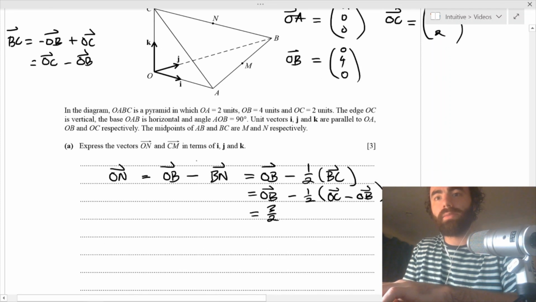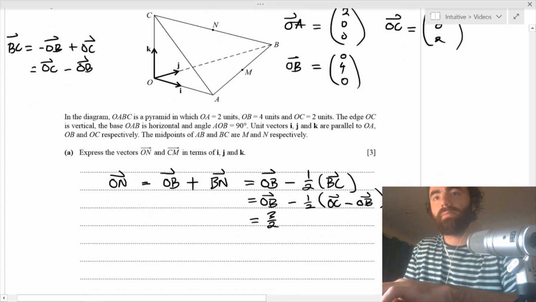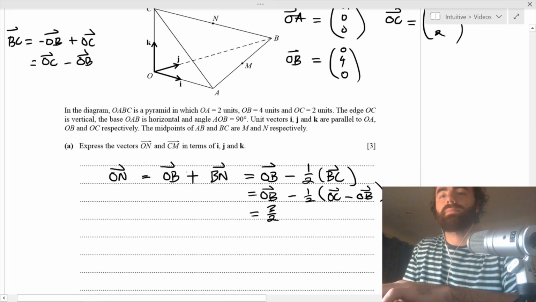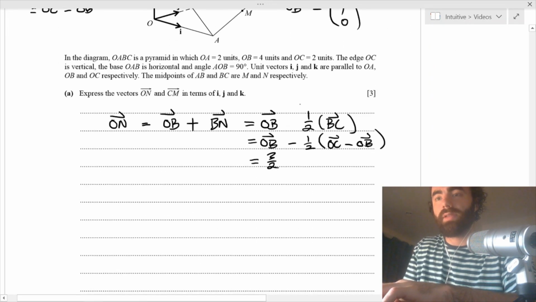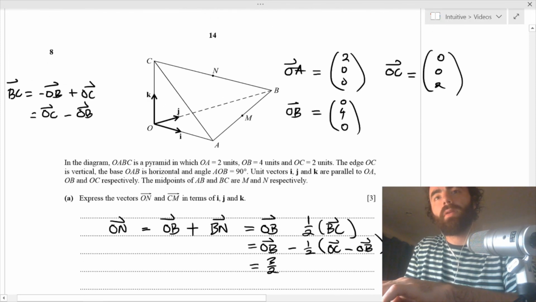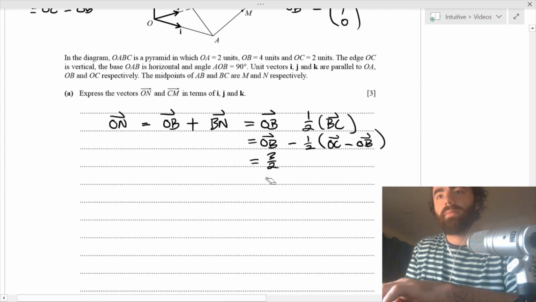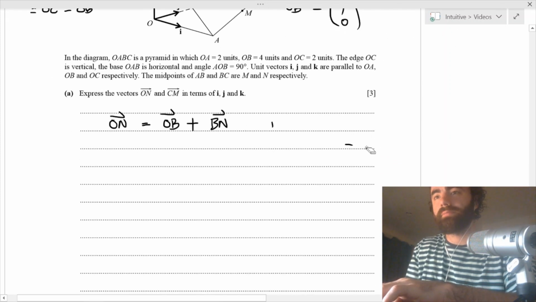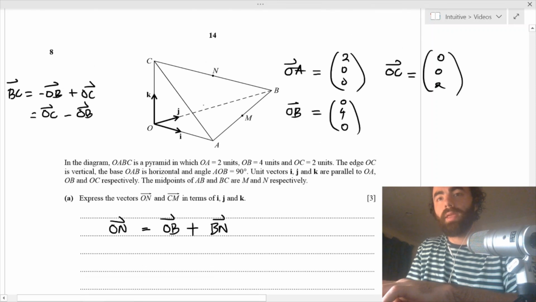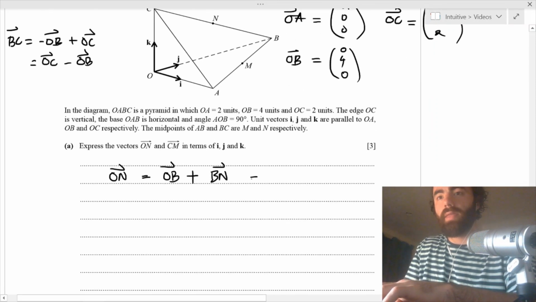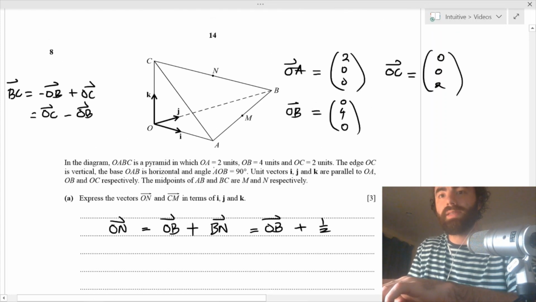No, not minus BN, plus BN. See, that was where I made my mistake. OB plus BN. I'm getting confused here. OB plus BN, and then this is equal to OB plus a half of BC.